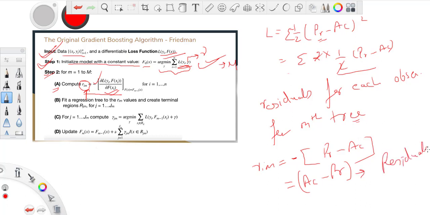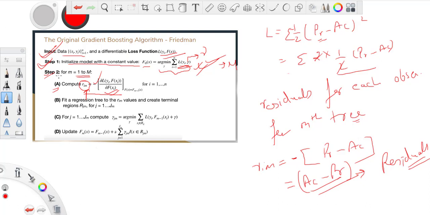So basically we have initiated our model with the mean, and now we are going forward and building subsequent trees. So we are going to build capital M trees. For the first tree, we are calculating these residuals, which are nothing but actual minus predicted.